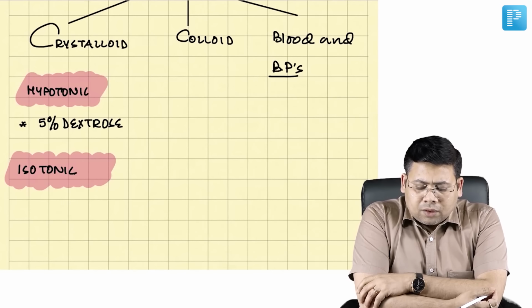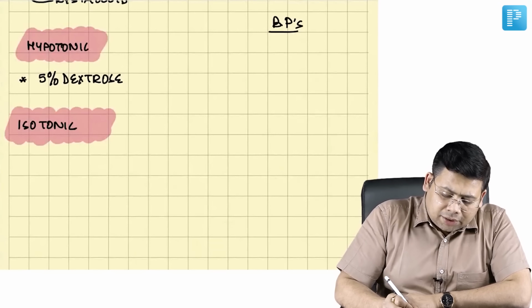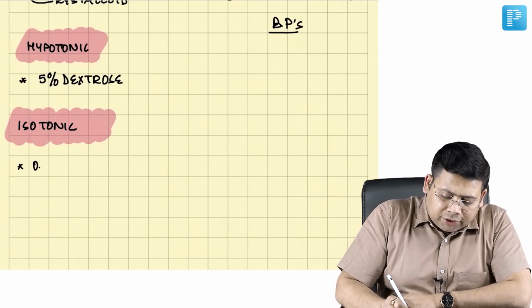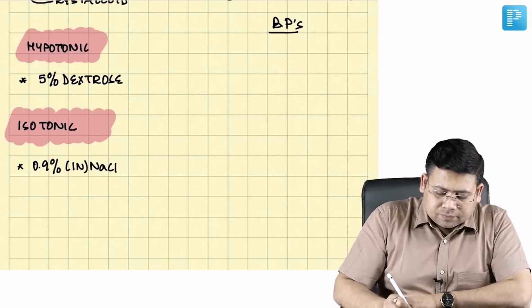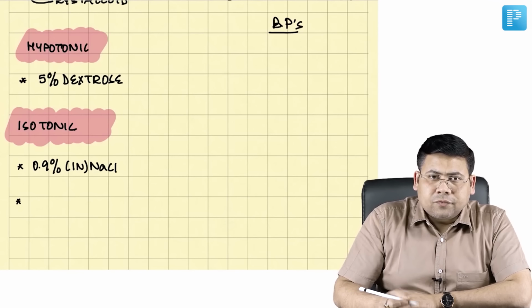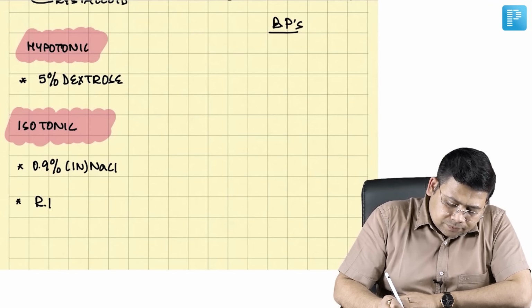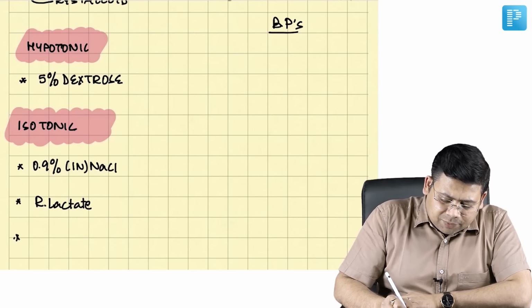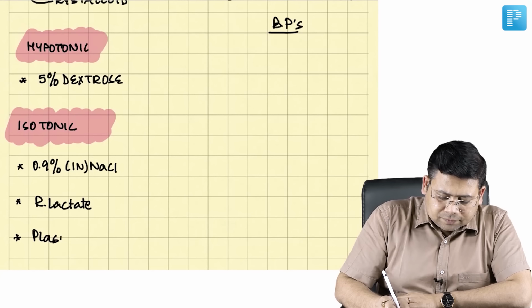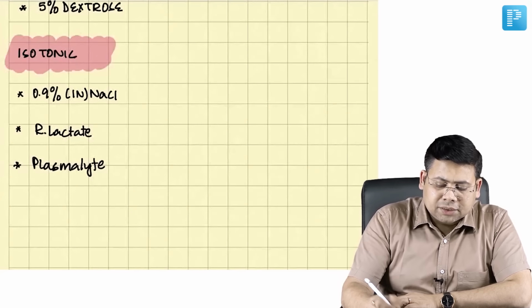Blood. So isotonic solutions are 0.9%, or you can say 1 normal, NaCl. So normal saline. We have Ringer lactate. We have Plasma-Lyte. So they are all isotonic fluids.